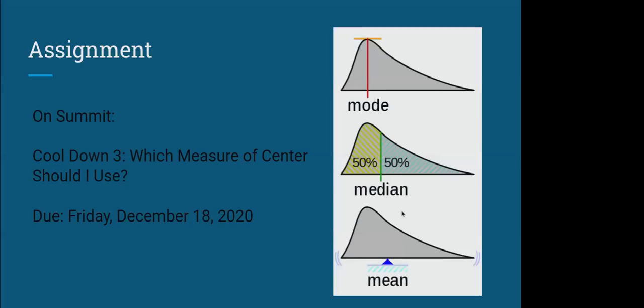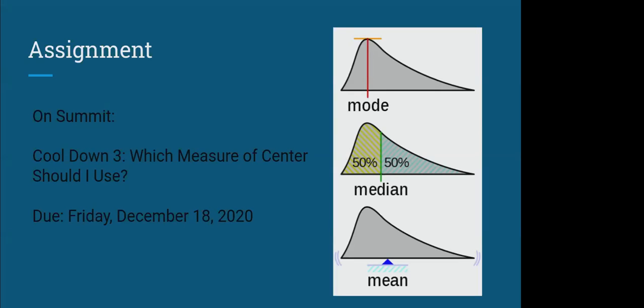So, should it be the mode, the term or item that appears most often? Will it be the median, that measure that splits the data 50-50? Again, the pieces may not necessarily look alike, but as we just talked about in that histogram, where do we get to the point where there is 50% of the data on one side and 50% on the other?